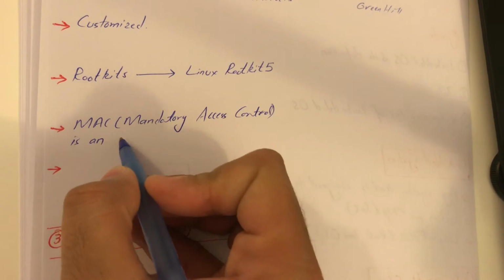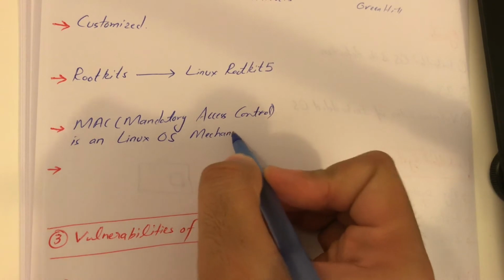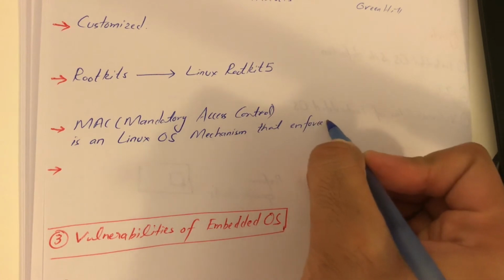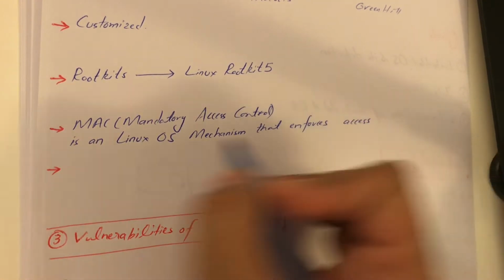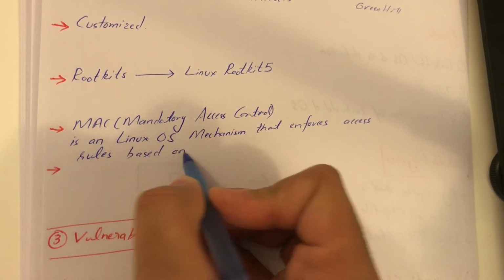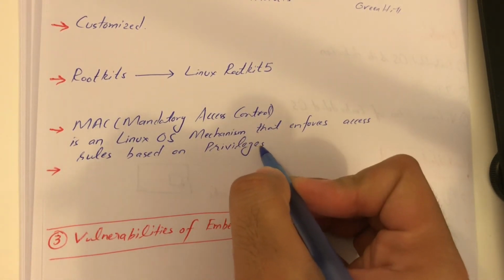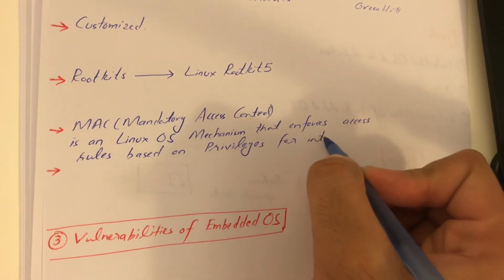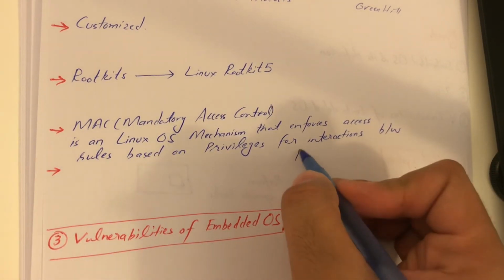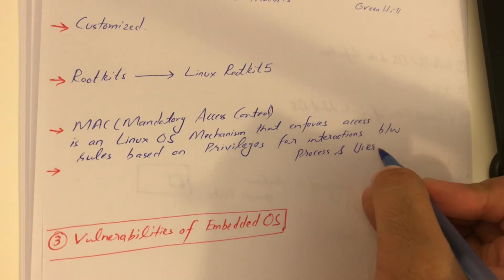Mandatory access control is an access control mechanism in the Linux operating system that enforces access rules based on privileges for interactions between processes, users, and files.